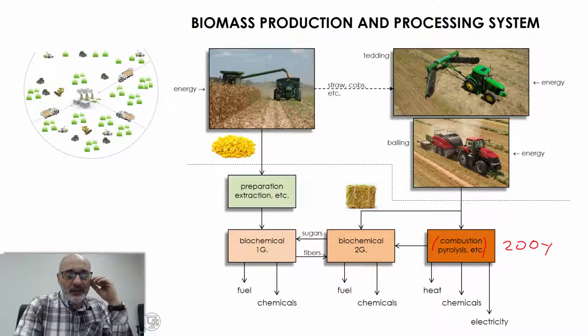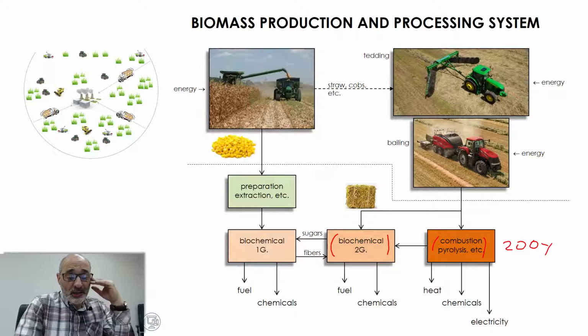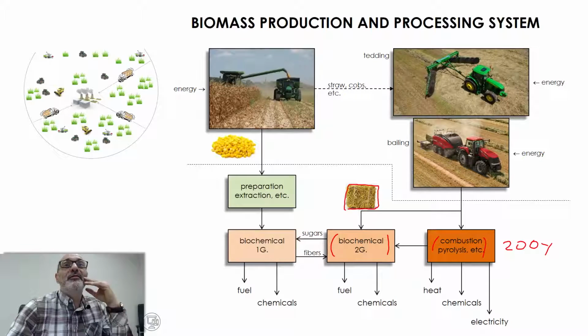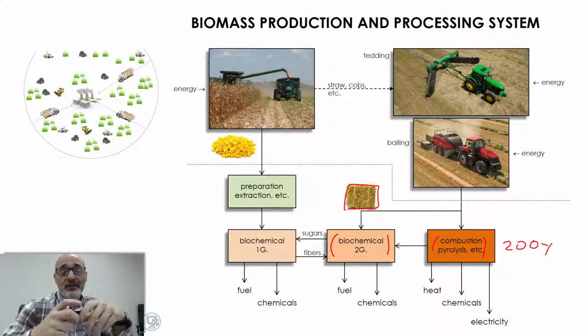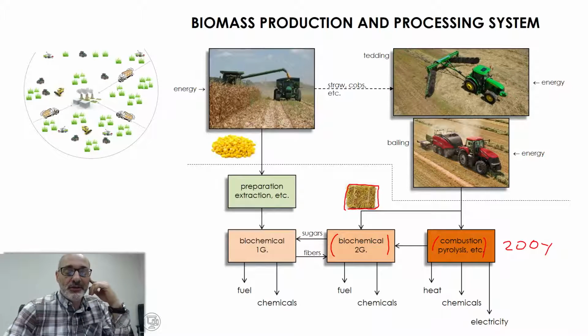Another one that is being deployed right now is the second generation pathway, which is basically fermentation of this type of material. In order to ferment, you have to deconstruct the lignocellulosic structures in order to release the sugars contained in this type of substance.